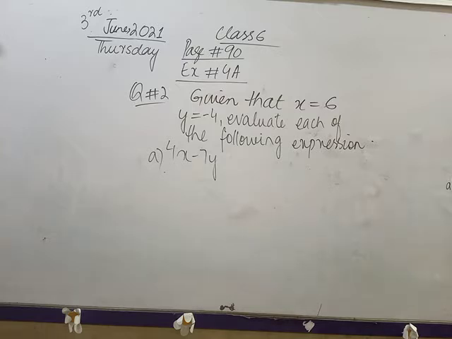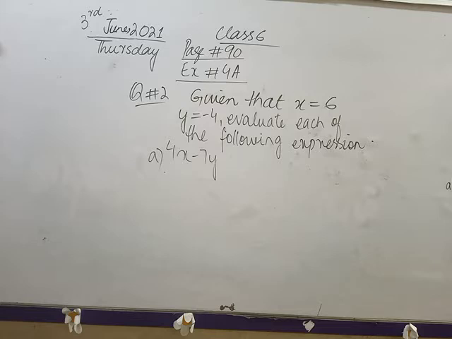So what would we do in this question class? हम क्या करेंगे? We have a statement given that x equals to 6, y equals to -4. Evaluate each of the following expression. हमारे पास पार्ट A है जिसमें उसने क्या दिया हुआ है 4x - 7y. If you look class in statement we have given the value of x and y also.